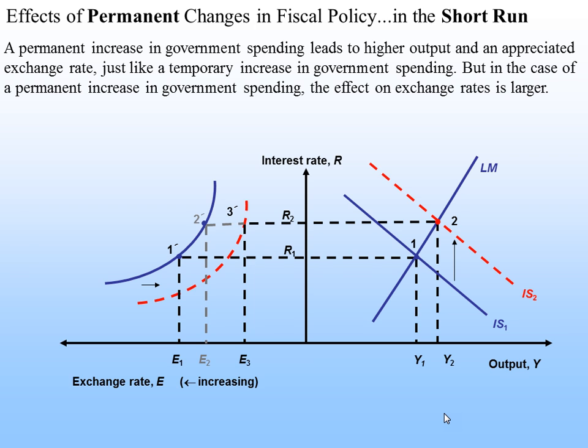And so the expected return on foreign currency deposits, measured in the domestic currency, shifts in. That means that as the exchange rate rises, we get a bigger appreciation to E3 instead of E2. So let me go through what I just said step by step with some graphs.